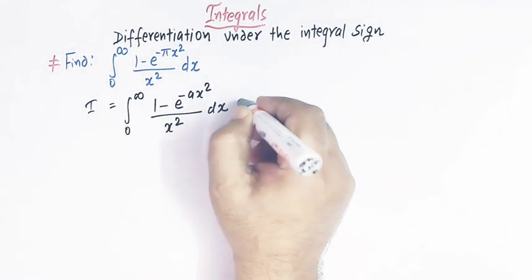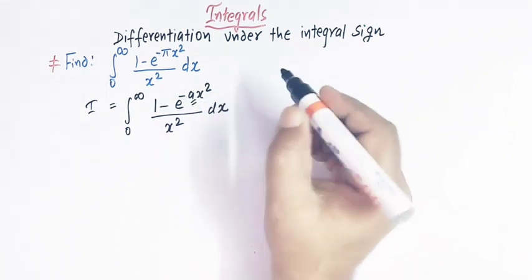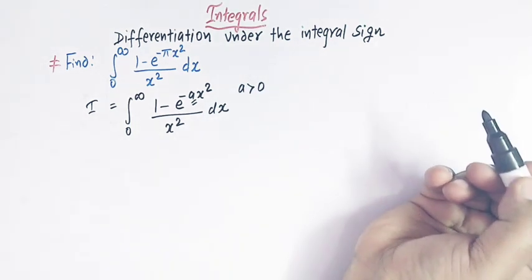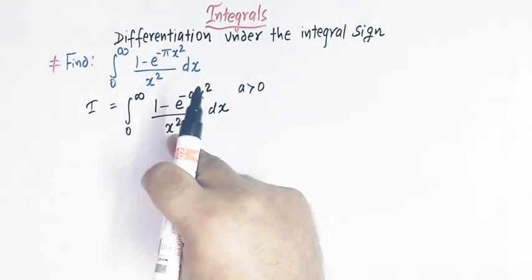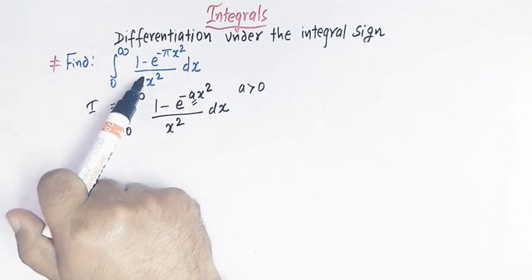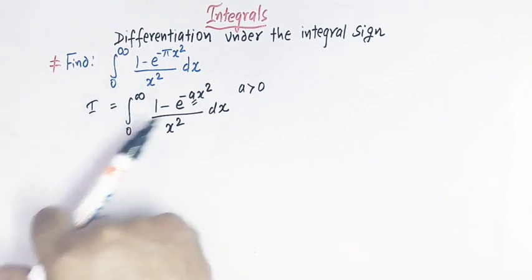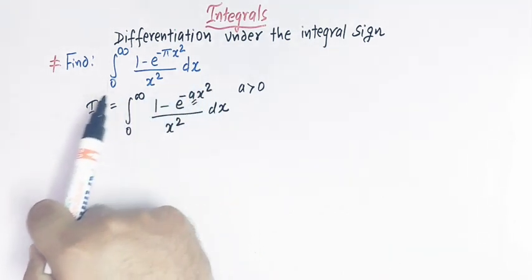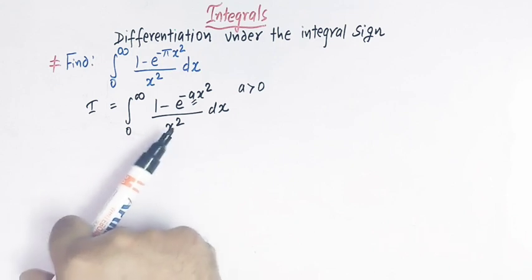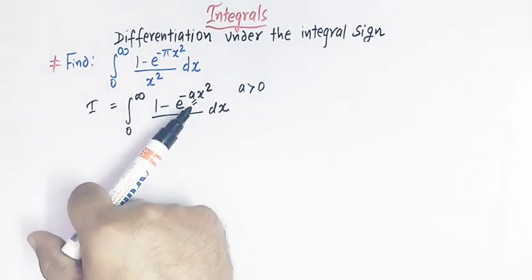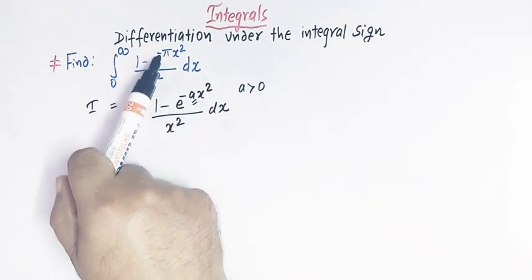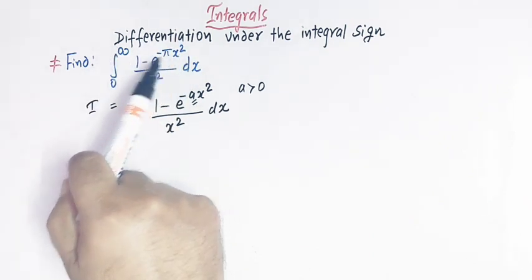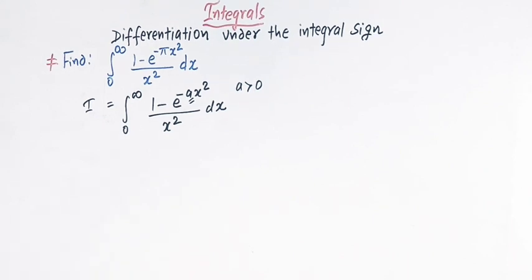Here a is our parameter or variable, and moreover a is greater than 0. Once we complete all the steps regarding this integral, in the final result we can substitute a is equal to pi so that we can obtain the value of the given integral.